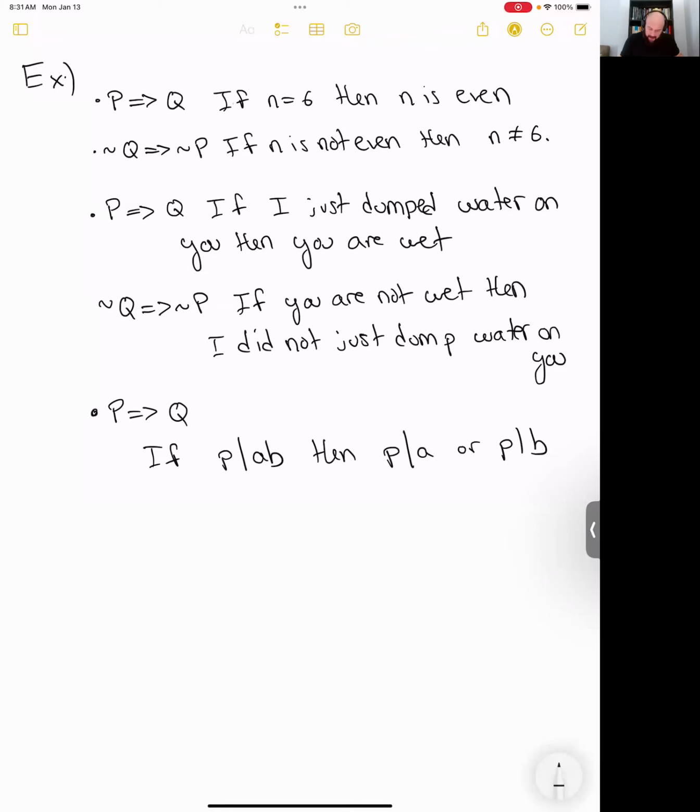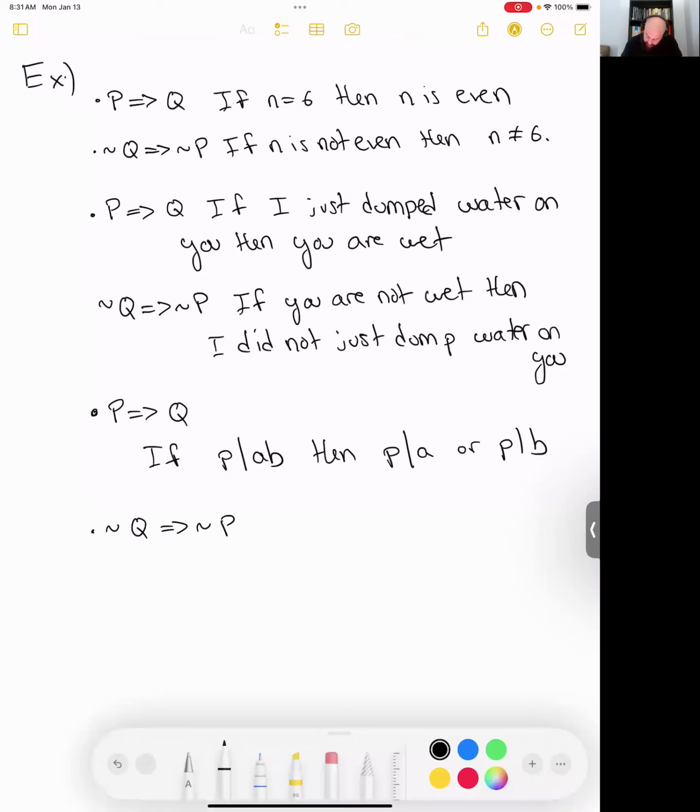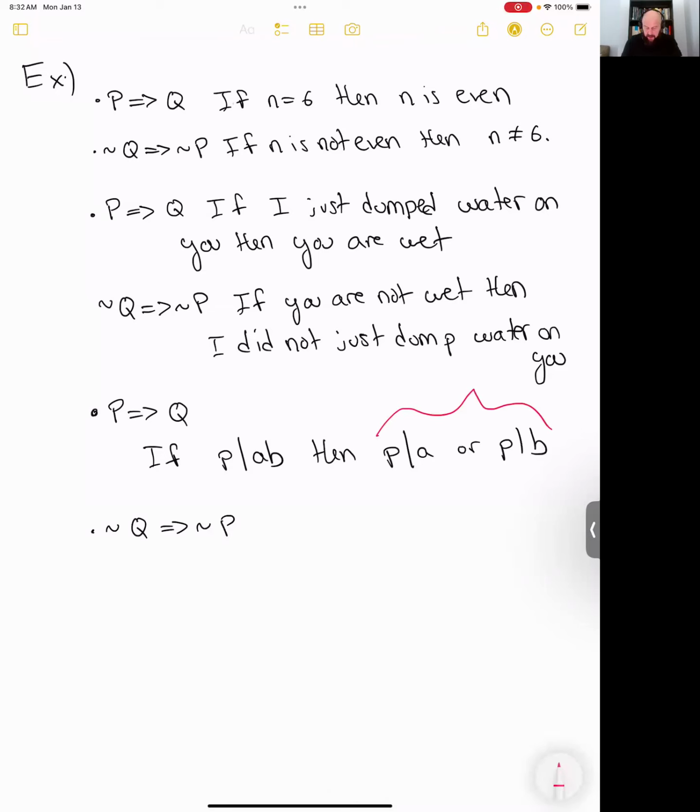Okay, now we're going to not this. Well, we're going to find its contrapositive, which is going to involve notting the Q and notting the P. Here we have to be careful because the Q here is the statement P divides A or P divides B. So when we not this, the not is going to hit both of the expressions and the or is going to become an and, right?